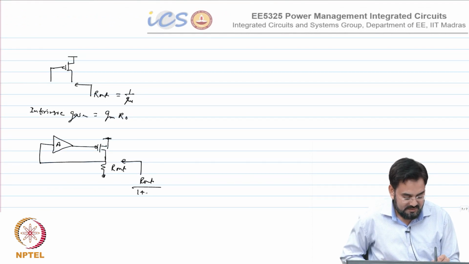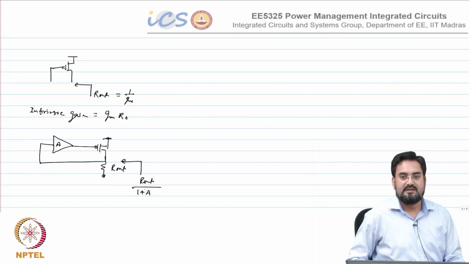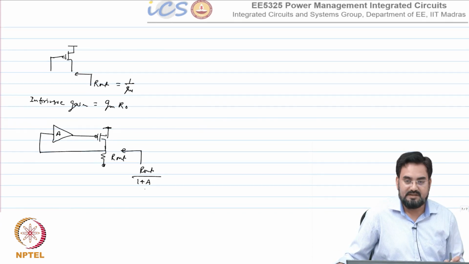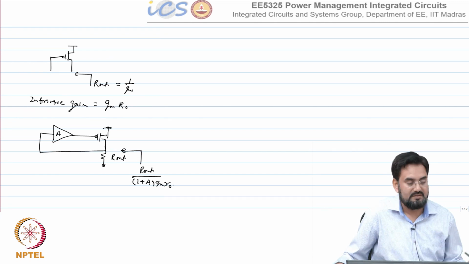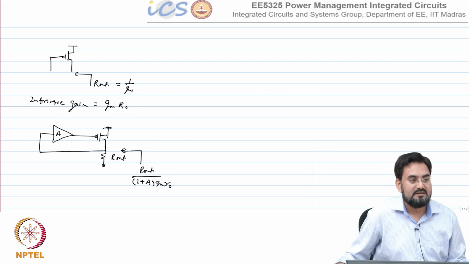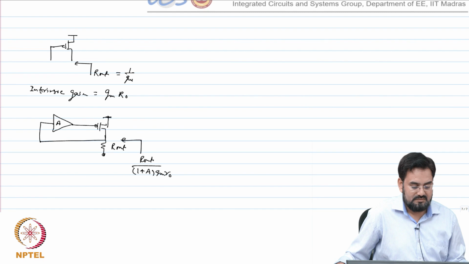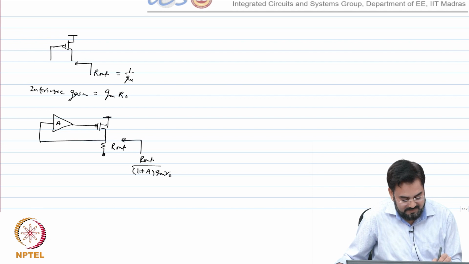R out by 1 plus A into Gm, because the loop gain is A into Gm. Correct. Sorry. Anyway, forget that. Okay.